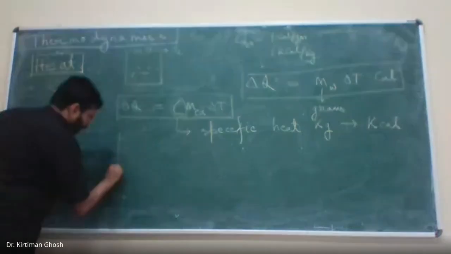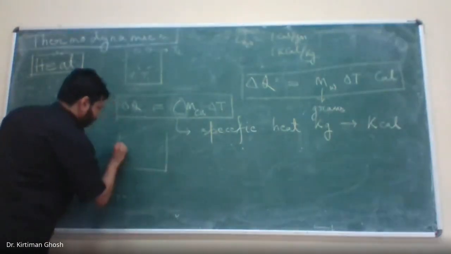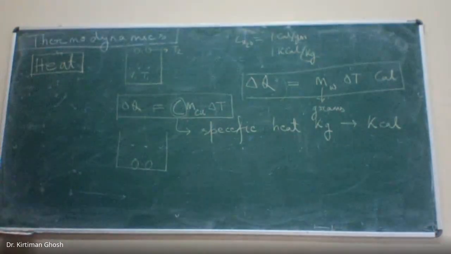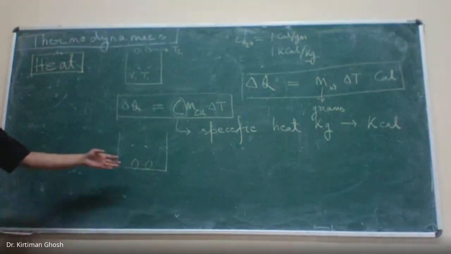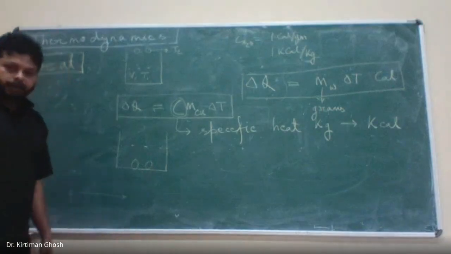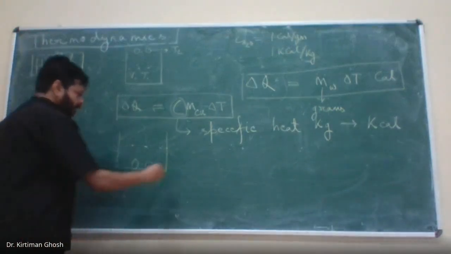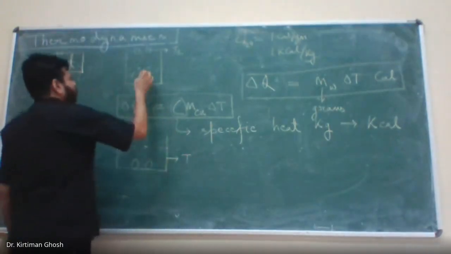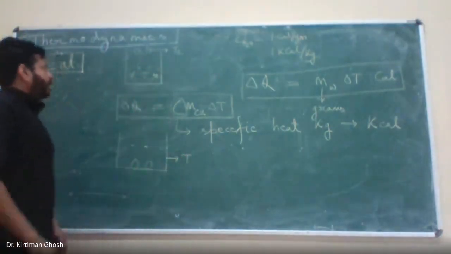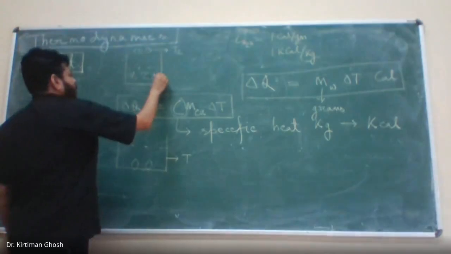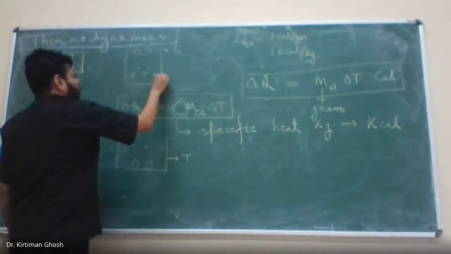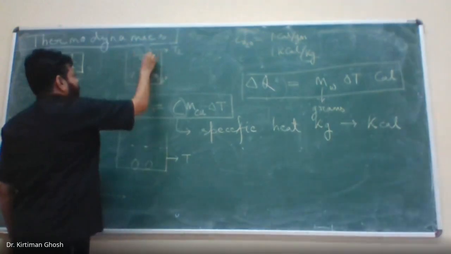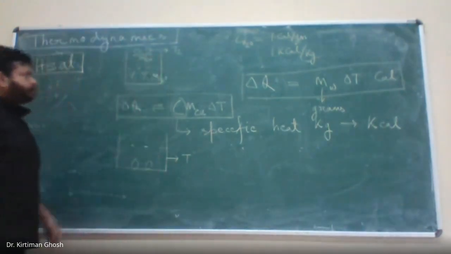Now what I do is drop these copper balls into this water and wait for some time so that the copper balls and water reach equilibrium. So what will change? The temperature of these objects will change. The water has volume V and mass M H2O, and this is the mass of copper, M copper.